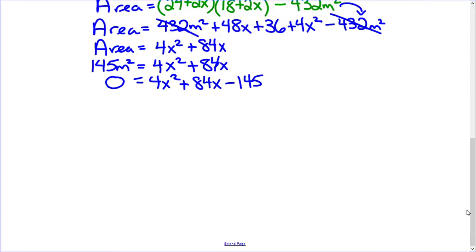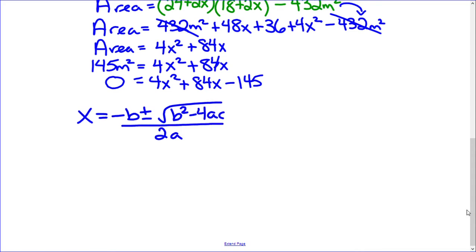And in this case, it's not looking for the exact answer, so I'm going to get it close, and then I'm just going to take a square root of it to find out what value I'm going to have. So we'll set up our quadratic. Hopefully after a while you'll have this thing memorized. It is x is equal to minus b plus or minus the square root, b squared minus 4ac, all over 2a.